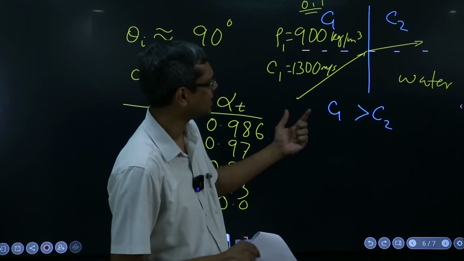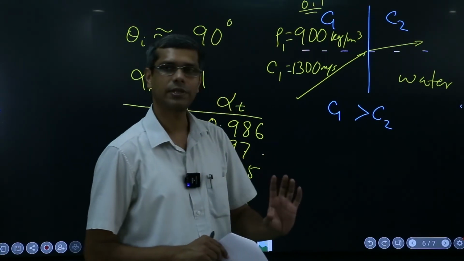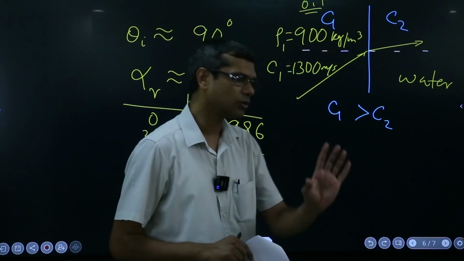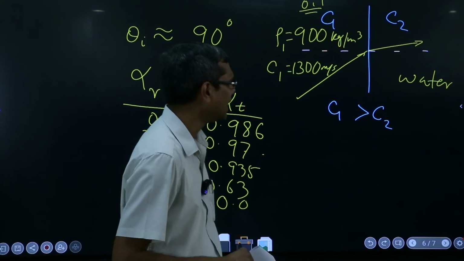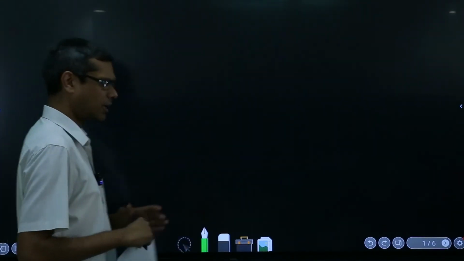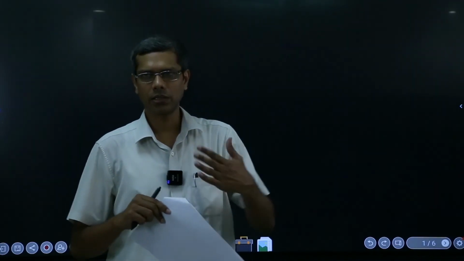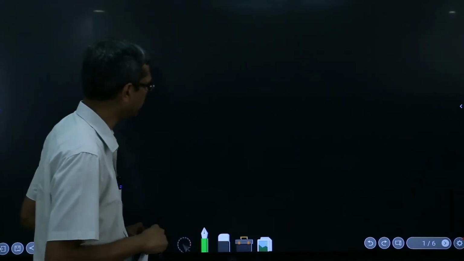Now if you do the same thing here, a wave is incident onto the solid interface, not a liquid interface. Three types of situations can come up when a wave meets a solid wall at some angle. We discussed the fluid one, but now what about solids?